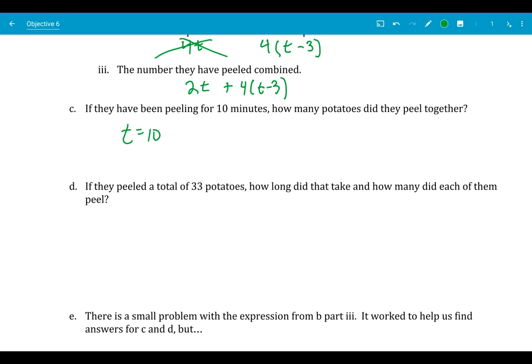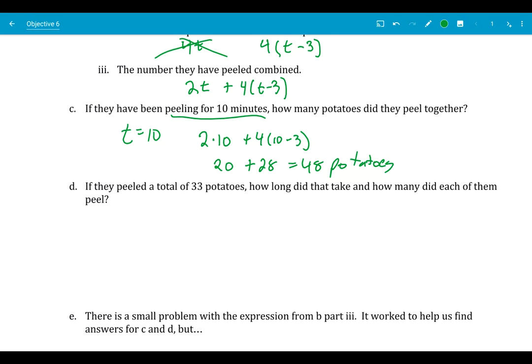Again, the assumption we're making here is that's when I started, not when my wife started. So we're going to plug in 10 for t and evaluate that expression. So we get 20 plus 28. That's 48 total potatoes.